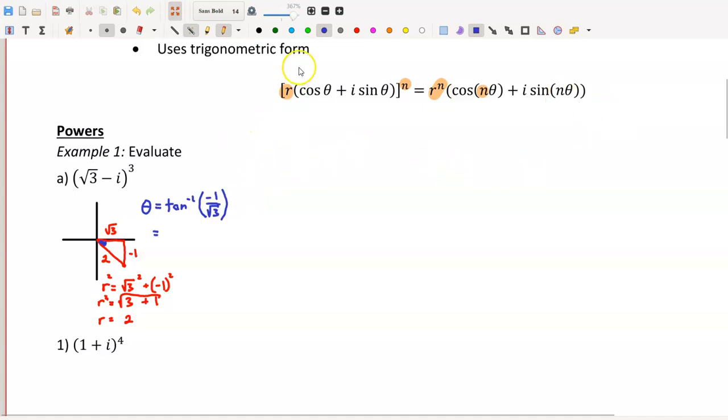Right? So we can start putting it in this format and then applying the formula. So first we could put it in the format, which we got, what, 2? And we have all this stuff. Cosine plus i sine. Right? And then we have the angle. What did it come out to be?